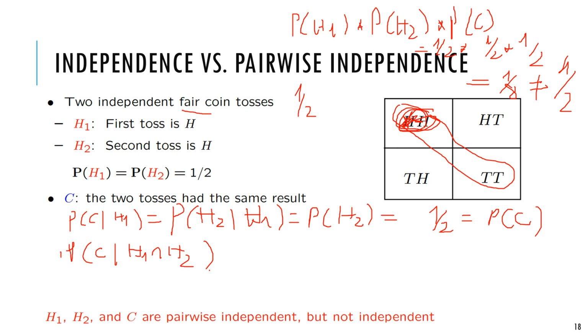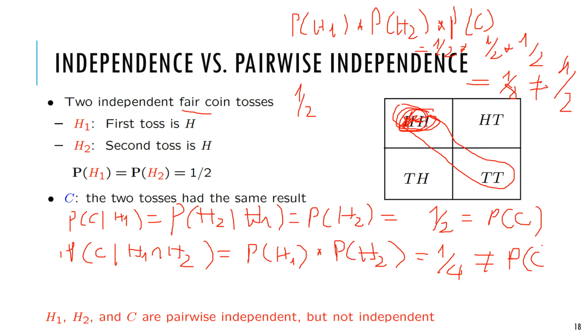It means two heads, which is the probability of H1 multiplied by the probability of H2, so two heads is 1/4, and it is different from the probability of C. So this means that if we combine two events, H1 and H2, two heads, they are not independent of C.